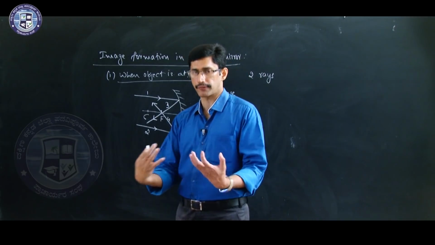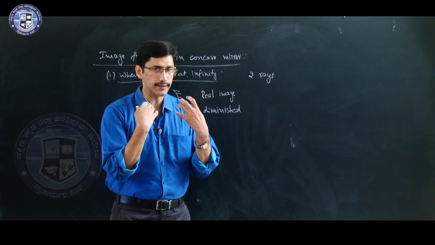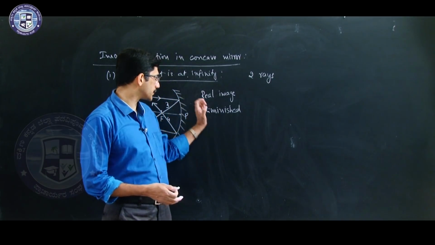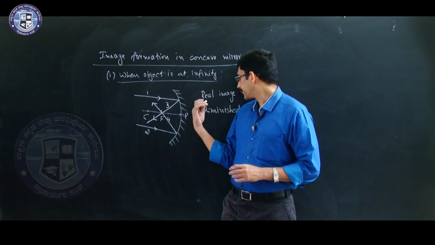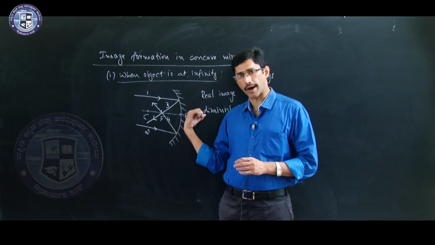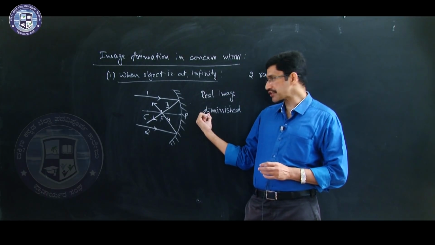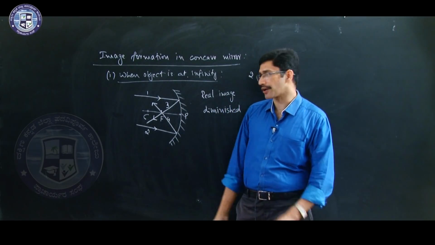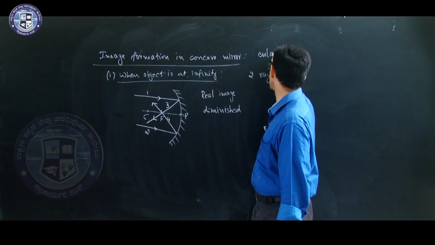You know the meaning of diminished and enlarged. If the height of the object is greater than the height of the image, then the image formed is a diminished image. Or you can also say that if the height of the image is less than the height of the object, then it is a diminished image, and if the height of the image is greater than the height of the object, then we say that it is an enlarged image.